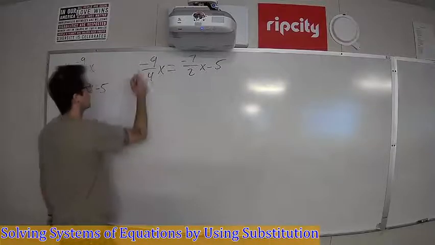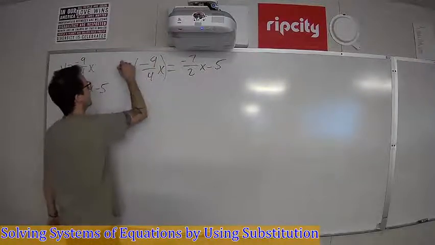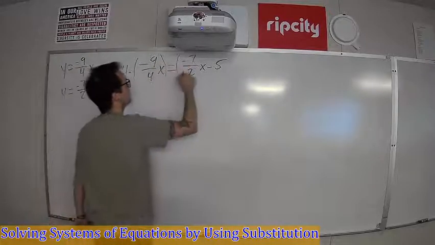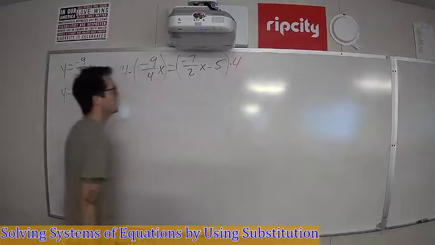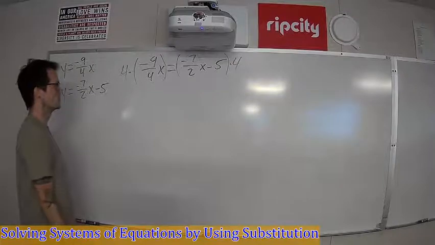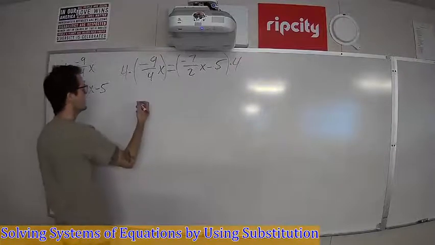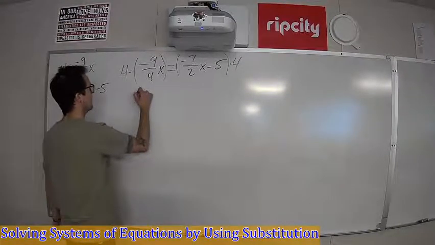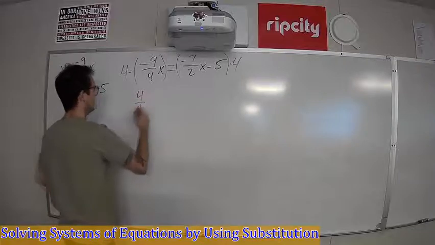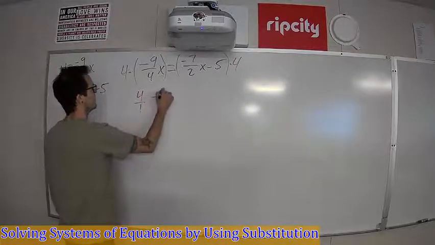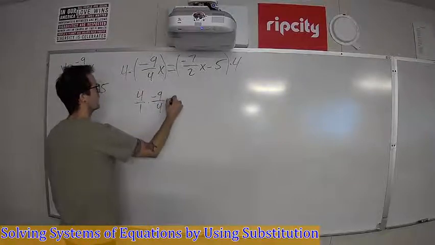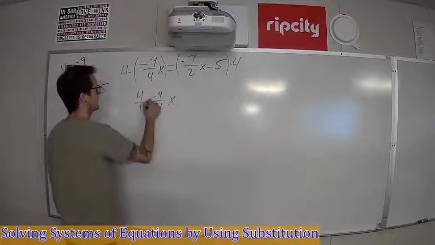So watch how this works here. I'm going to multiply this stuff by 4 and this stuff by 4 as well, so there's going to be some distribution. On the left-hand side, I'll spell out everything. I'm going to say 4 over 1 times -9 over 4, and then there's still an x here.